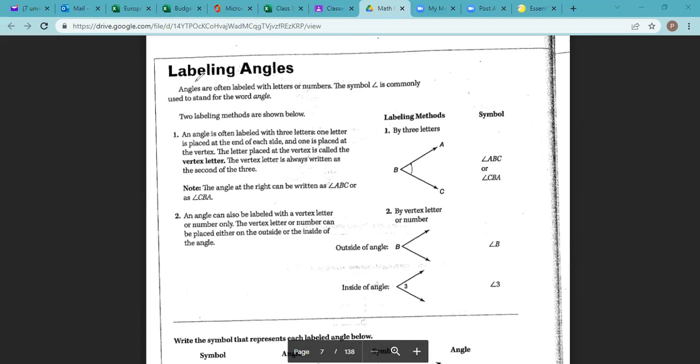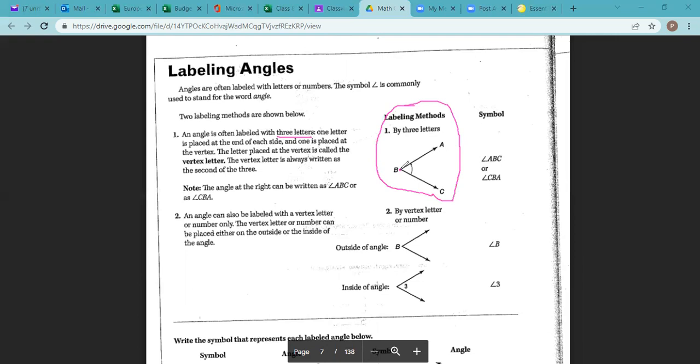When you label an angle, there are 2 different ways that you can label it. First, an angle is often labeled with 3 letters. If we look at number 1 on the left, here's our angle. The letter in the middle is where the vertex is.